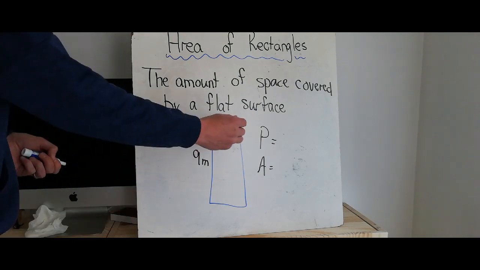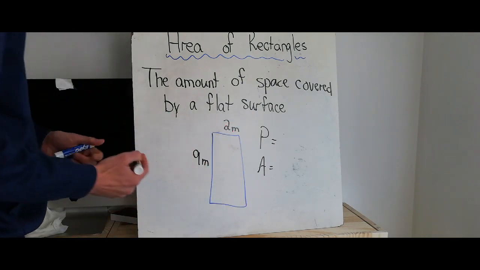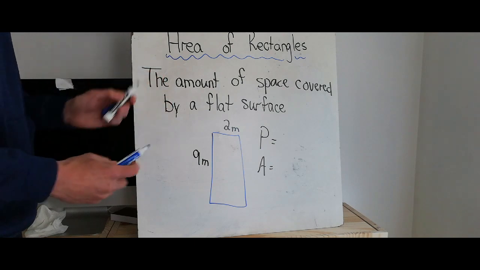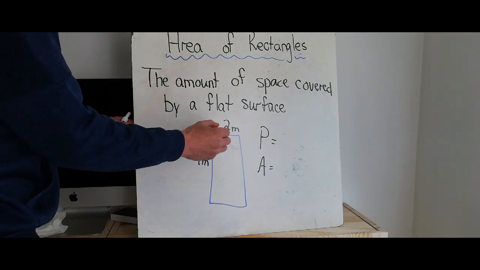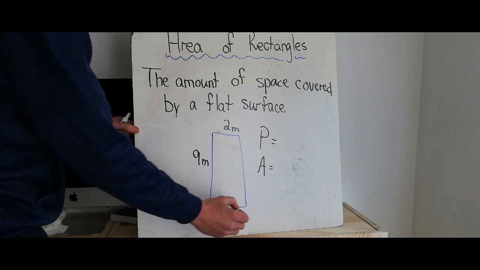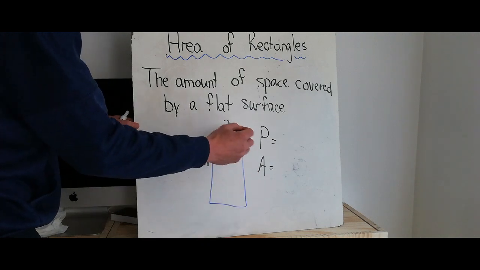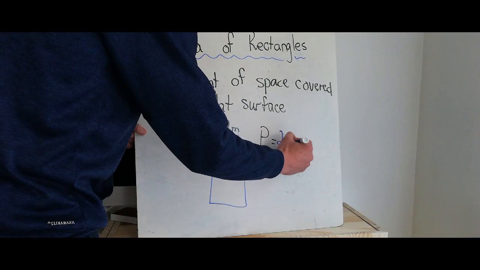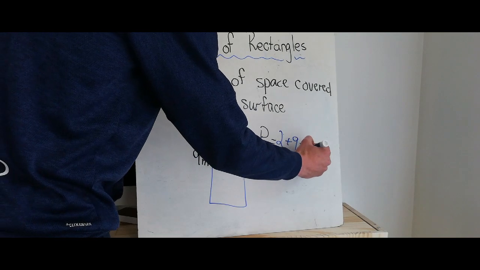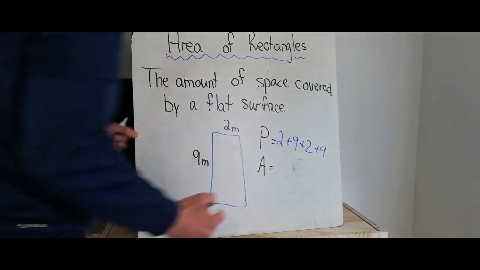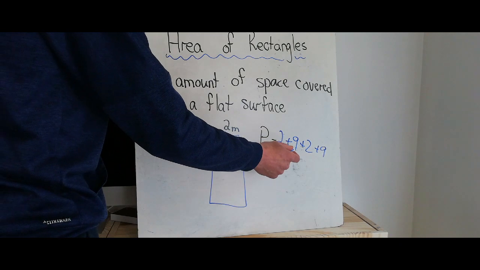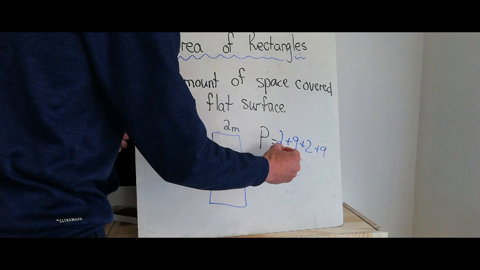The perimeter is the distance around the outside of an object or a shape. So you'd say, well, 2 plus 9, and then this would be 2 as well, plus 9. So 2 plus 9 plus 2 plus 9. If you add those up, 2 plus 9 is 11, and then another 11 would give you 22.